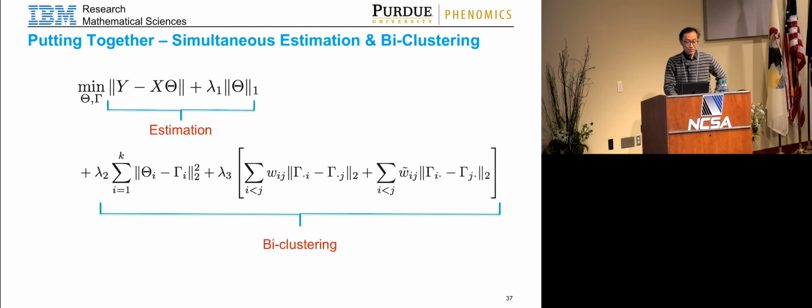Now, as I mentioned, we want to do this all together. We want to do the estimation and the bi-clustering in a single objective to be minimized. So we just put them together.